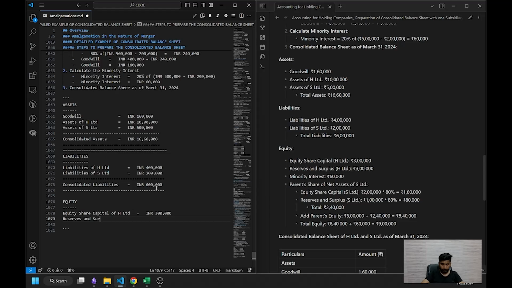Reserves and surplus of H Limited equals rupees 3 lakhs.